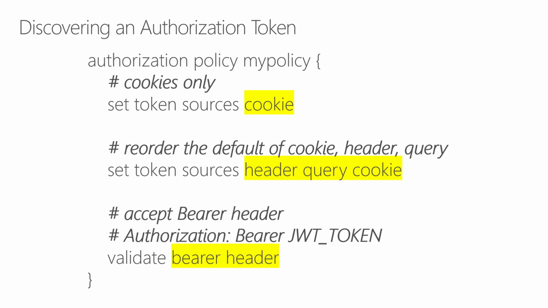I can also reorder the sequence of how the lookup is done. For example, if the majority of requests I'm making are done with the authorization header, then I will put the authorization header first, followed by query, and then by cookies.